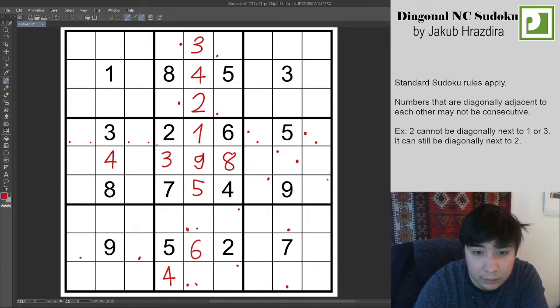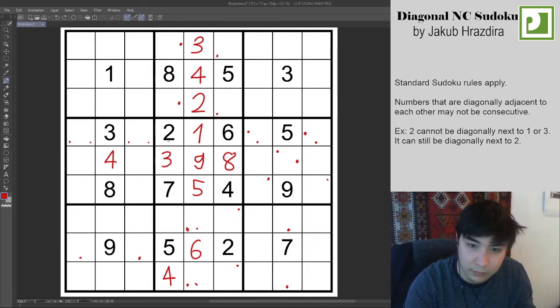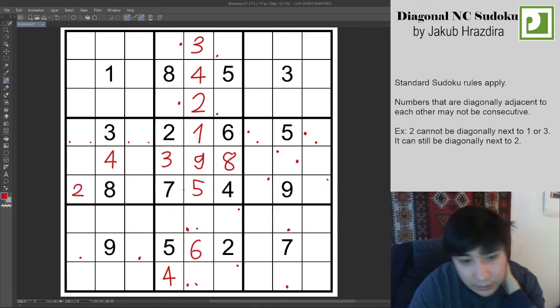It can't be in the middle row because diagonal adjacency to the 3. So this is a pair in the bottom row here. I don't think we could say anything similar about 1s. Oh, but this 3 does push the 2 over to the left side. And we actually have a number in the left column now.